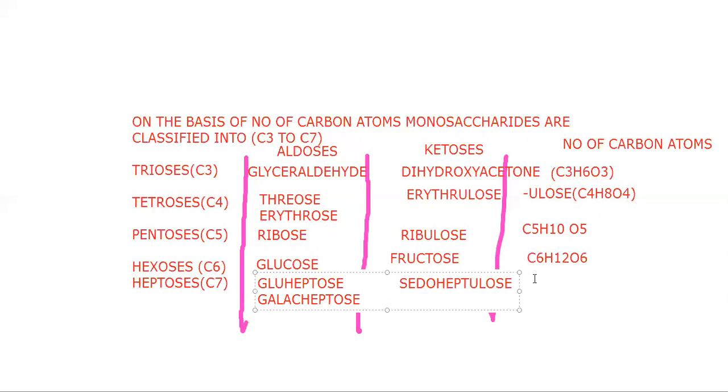The formula will always be C7H14O7. So this is the simple classification of the monosaccharides on the basis of the number of carbon atoms.